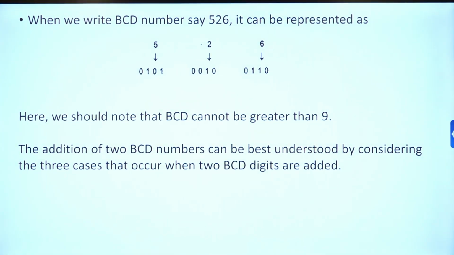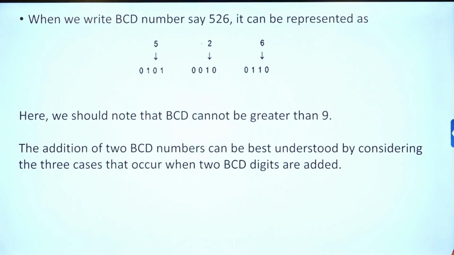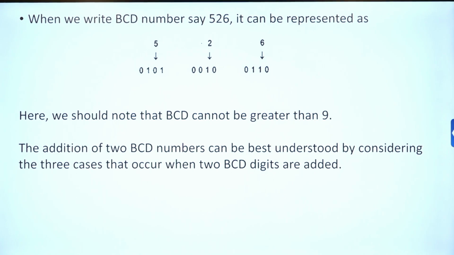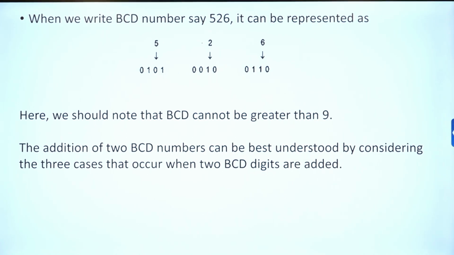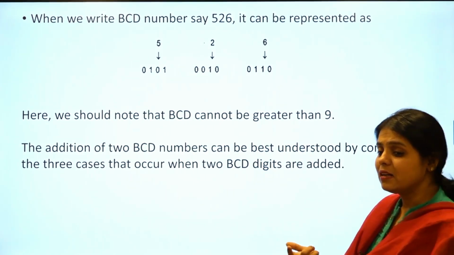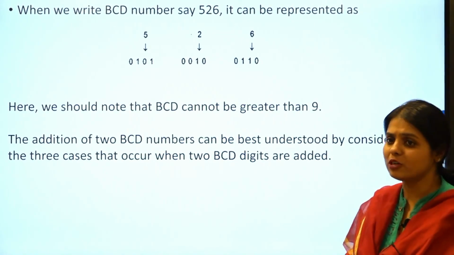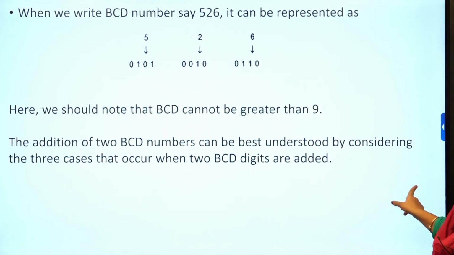The problem here is the addition of two BCD numbers. When we add two BCD numbers, the result sometimes may be greater than 9. Considering those cases where the addition of two BCD numbers results above 9, there will be a problem. That is the reason we go for designing this BCD adder.